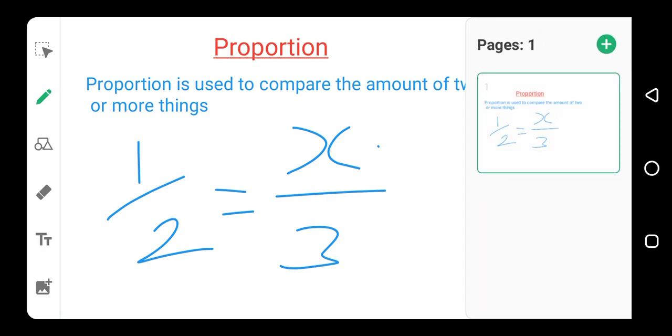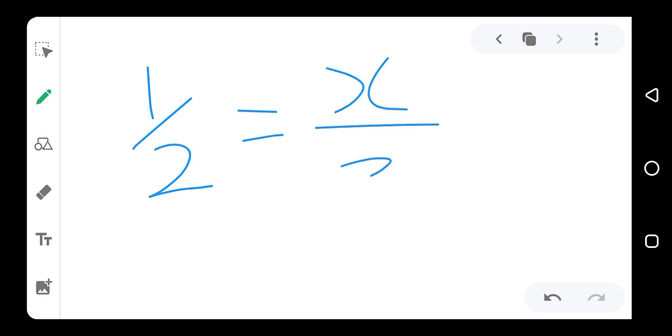Now, what we are going to do is that we say that 1 over 2 is equal to x over 3. When we have it this way, we take the one under this one to the one in front of it that is on top, and the one under this one, we go to the one in front of it on top of this division sign.